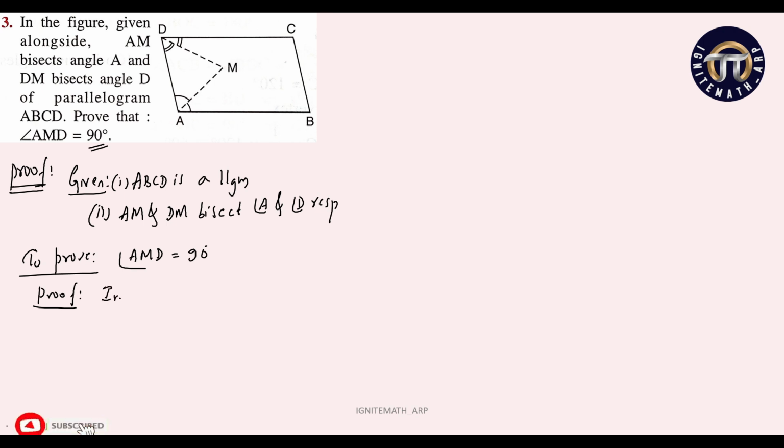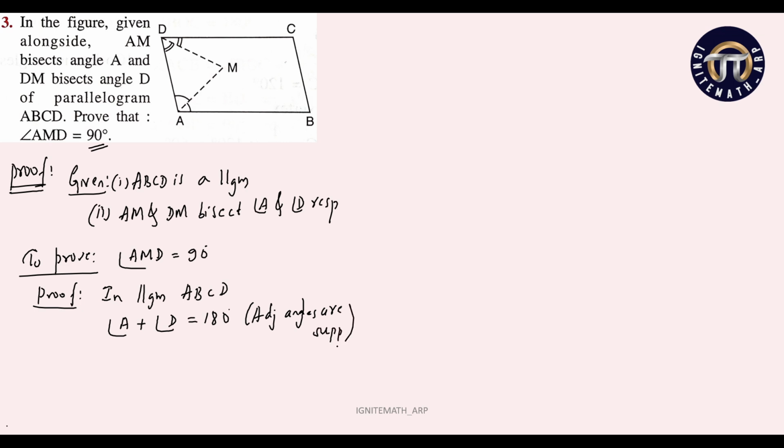We know that in parallelogram ABCD, angle A plus angle D is equal to 180 degree because adjacent angles are supplementary. So what do I do? Angle A by 2 plus angle D by 2 is equal to 180 by 2.